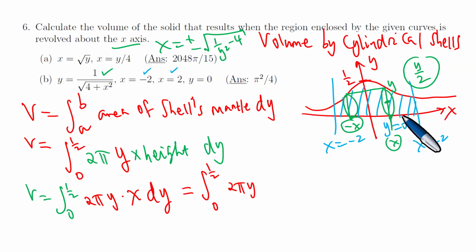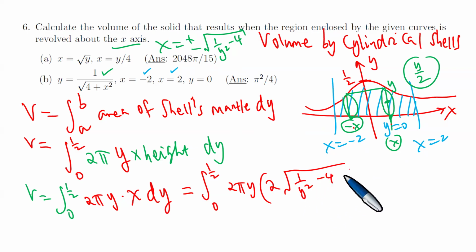But whatever x is at any of the points, there's going to be a negative x there, positive x there, but what is the height overall? So we expect the height to be double. You can look at it, it is symmetrical, but you can look at it as double the square root of 1 over y squared minus 4 dy, like this.